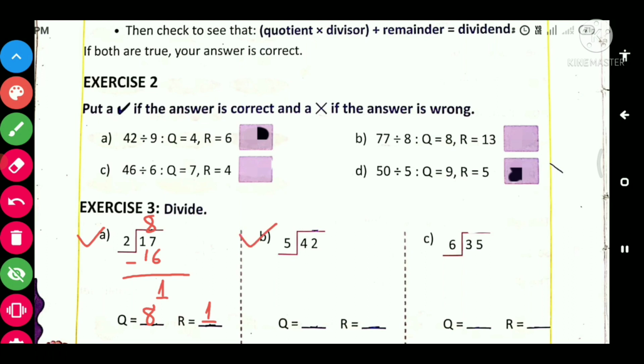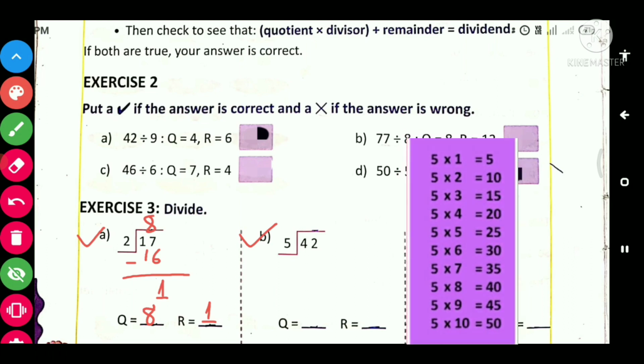now see B part. So our divisor is 5, so we'll see the multiplication table of 5 and we'll first of all find 42 in the 5 table, and if 42 is not there, then which number is there which is slightly smaller than 42? Okay, so in the 5 table we know that 5 eights are 40, right?